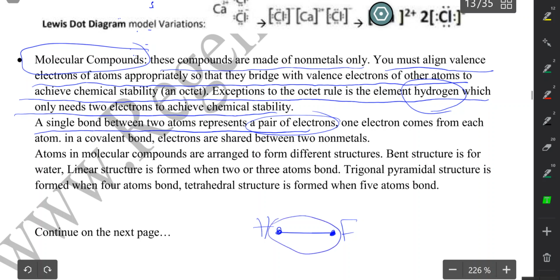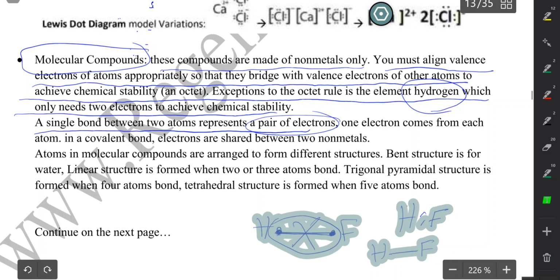You either put the dots like this, or put the bond like this. You never want to have dots and a line at the same time. That's wrong. But I just drew it like this for demonstration purposes, so you know that the bond is kind of like a bridge between the electrons from fluorine and the electron from hydrogen, in this case.